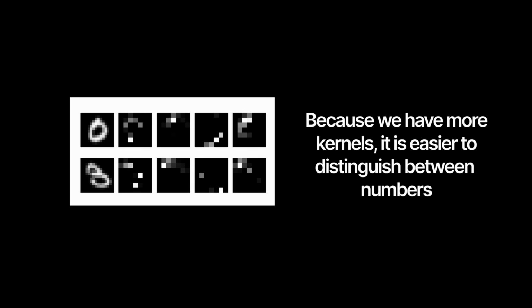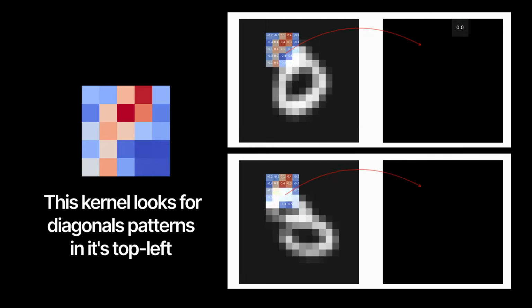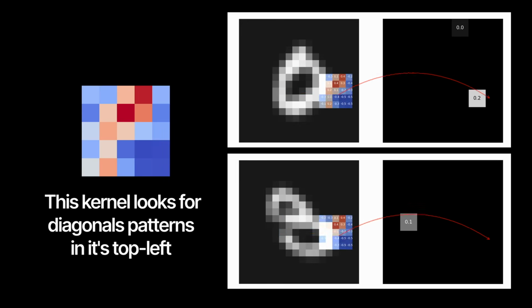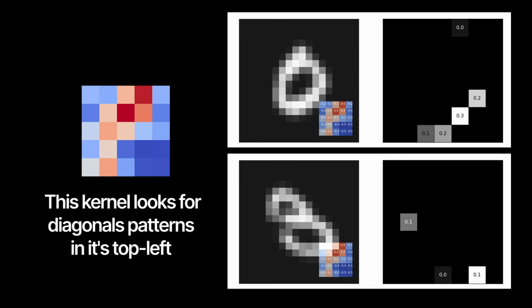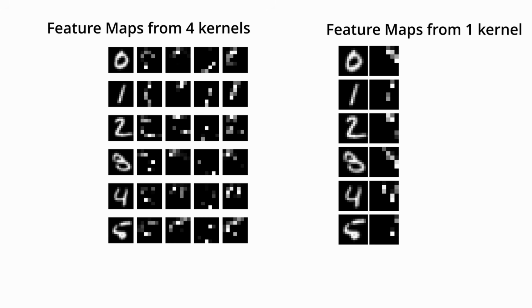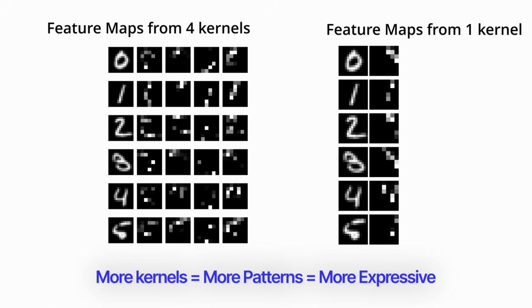Even between 0 and 3, where the one kernel setup was failing, you can see that this one doesn't. The third kernel, for example, which looks for diagonal patterns, does indeed do a good job of distinguishing between the two. So a general rule of thumb is if you add more filters or more kernels on your conv layer, it can pick up more patterns and therefore be more expressive and less prone to underfitting.